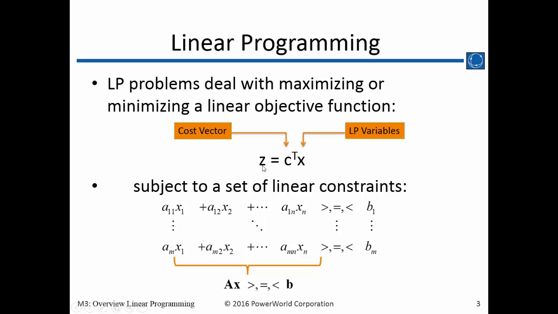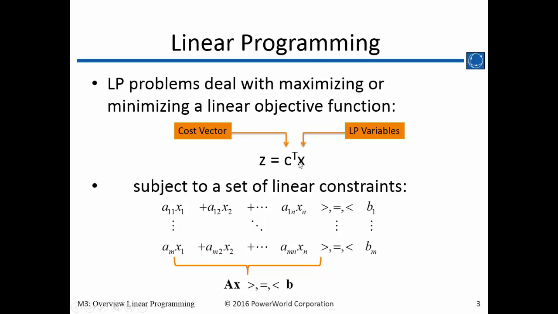This equation right here, this is a scalar value for z, which is what we're trying to minimize. In the case of the optimal power flow where we just have generator controls, the total cost is simply a sum of all the costs associated with each unit times the output of the unit.